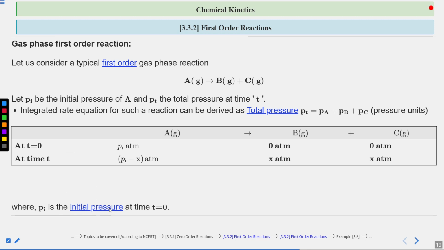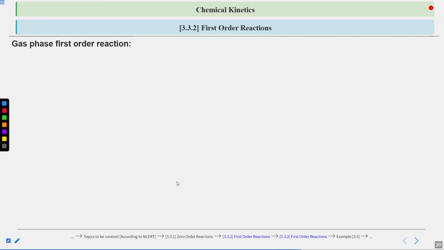Pi represents the initial pressure at time 0. Now P total, the pressure at time t, will be Pi minus x for A plus x for B plus x atmosphere for C. When you add them, the x terms cancel out partially, and the remaining term will be Pi plus x.